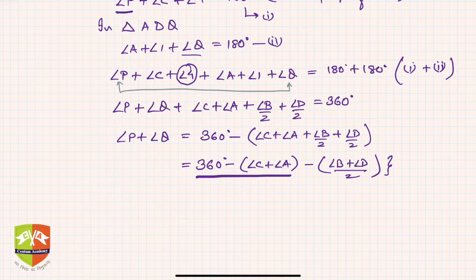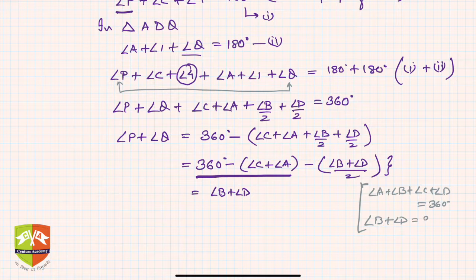We know that 360 minus (C plus A) is nothing but angle B plus angle D, because of the angle sum property of a quadrilateral: angle A plus angle B plus angle C plus angle D is equal to 360 degrees. So angle B plus angle D can be written as 360 degrees minus angle A minus angle C.